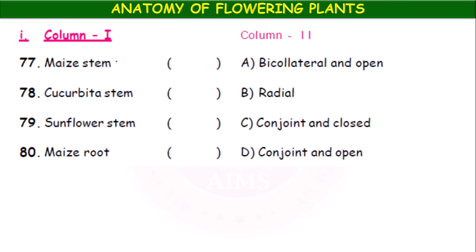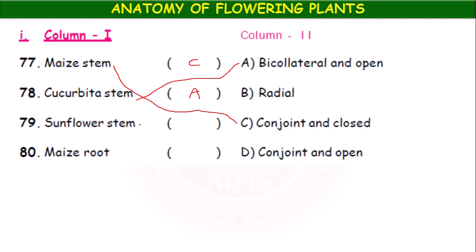Next, matching set, match column 1 with column 2. Here the name of the plant and stem or root is given, and the type of vascular bundles is given in column 2. Maize stem, which type of vascular bundles are present? First let us match. Conjoint and closed. So, C. Cucurbita stem has bicollateral and open vascular bundles.